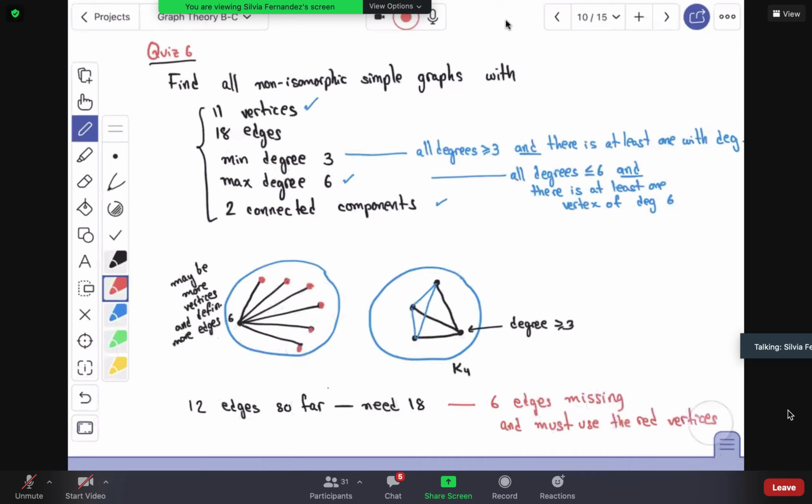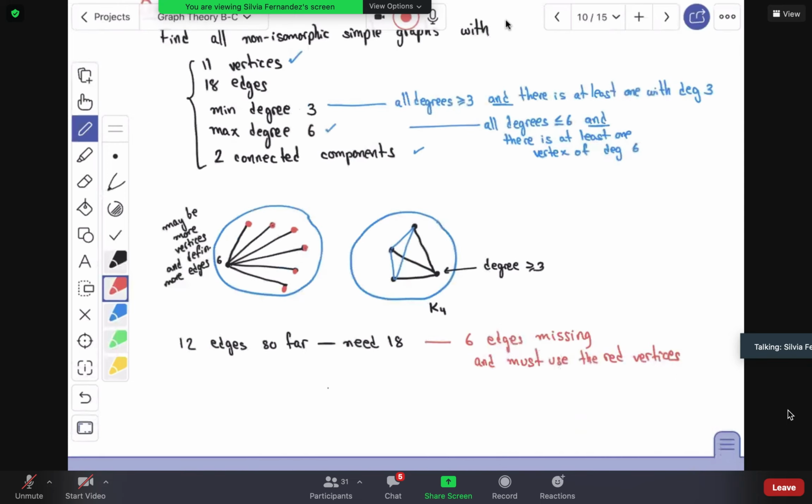Those are the only ones that I can use. Everything else is taken care of.